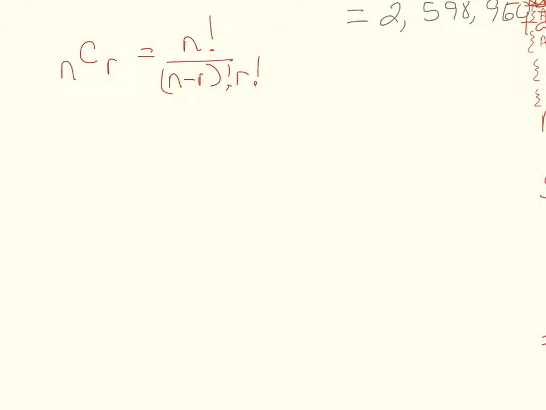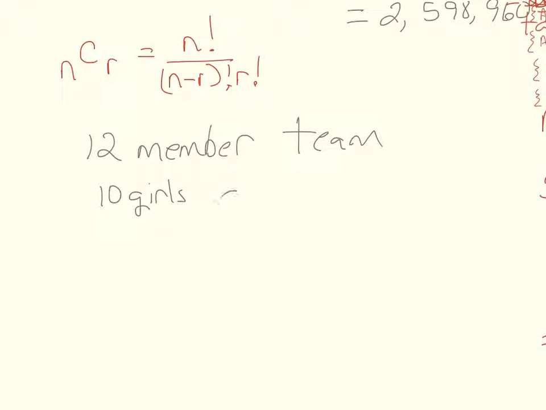Okay, if we want to form a 12-member team, and we're going to form it from 10 girls and 15 boys, I want to know how many different teams are possible.